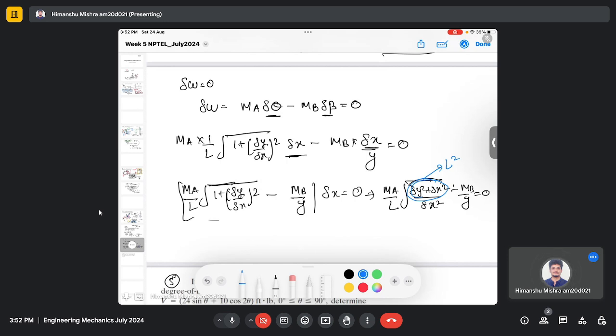Okay, so the square root of L square will be L, so this L and this will be cancelled. And when you simplify, you will get mb equals ma, which is 30 Newton meter.